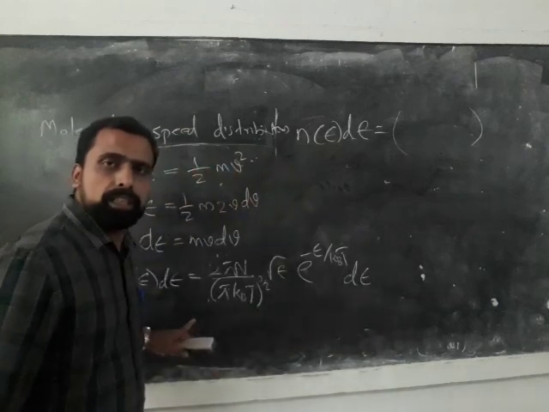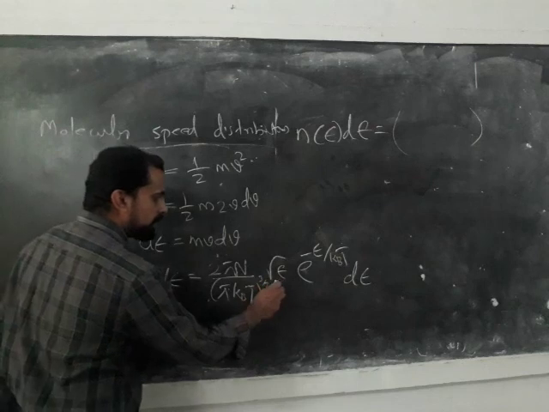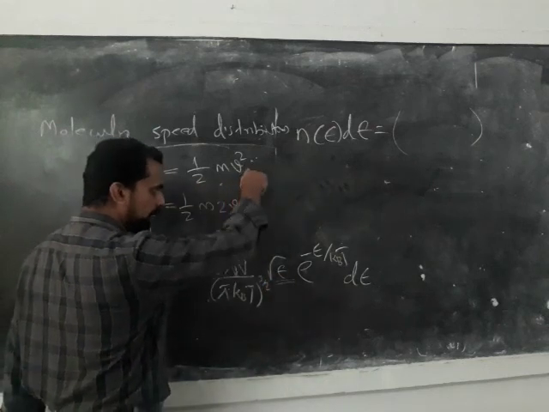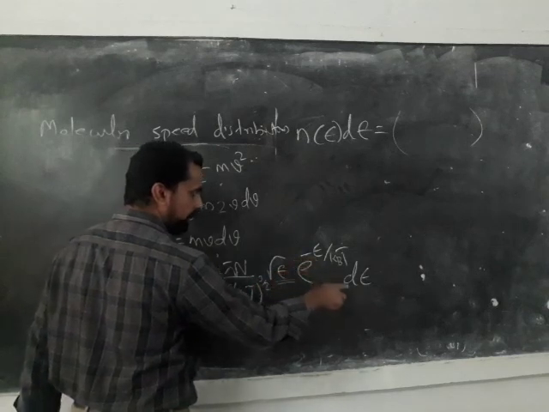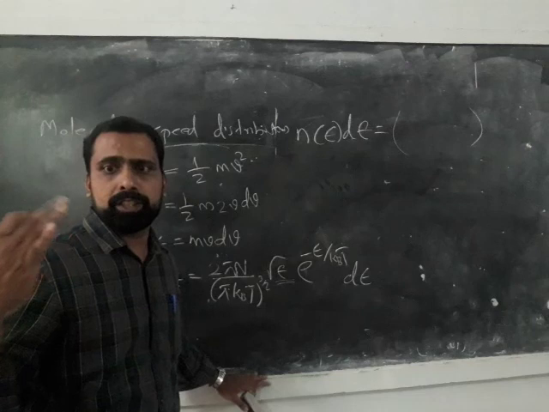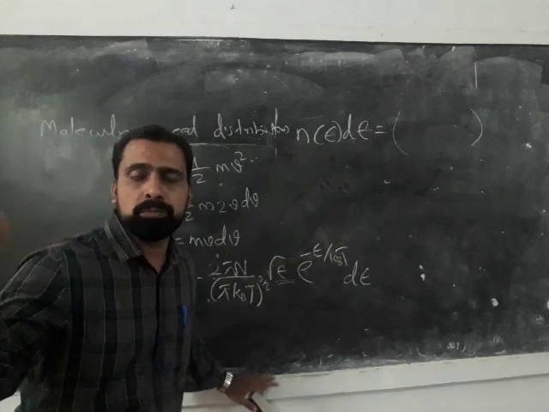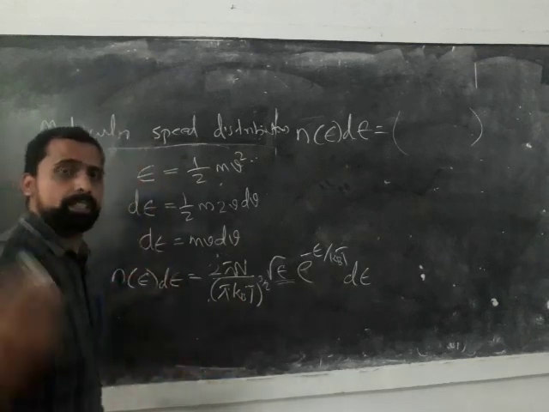So this is the energy distribution. Now all the epsilon is replaced with half mv square, and d epsilon by this one. You can do it at your home, and I will just write the result here. So what will you get after that?